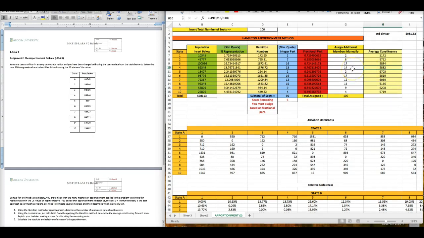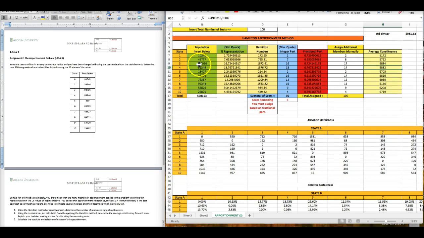Now, if you notice here, we compare state 3 and state 4. Do you see how these populations are a little under 18,000 different? But you see here that the average constituency is almost the same.